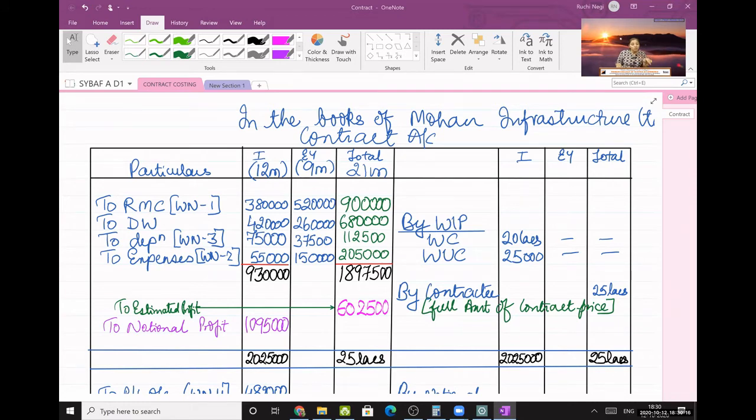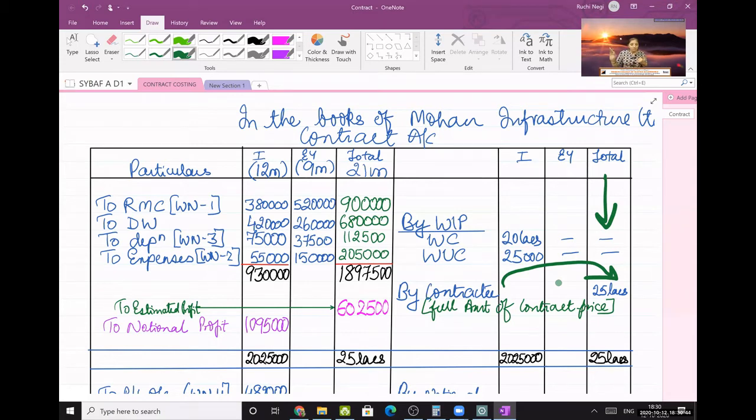Why is it not considered as opening WIP? Because if you look into this format, I'm preparing a total column. When I'm preparing a total column, I'm passing this entry, which I also do in multiple contract. The third year is assumed to be the last year, and in the last year there is no calculation of WIP.